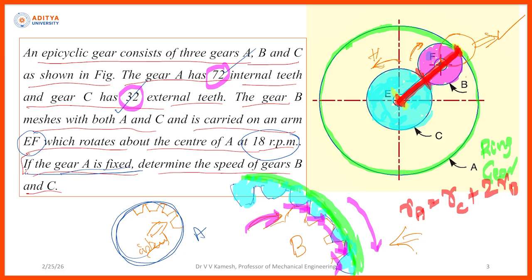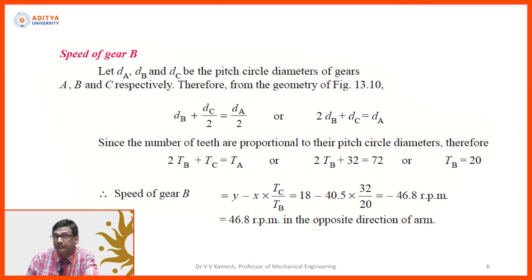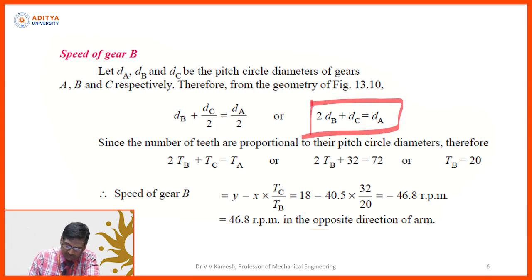So convert into the diameters or the radius, whatever it might be. If you convert this into diameters, this is dB plus dC by 2 equal to dA by 2. So the diameter of A is equal to dC plus 2 into dB.